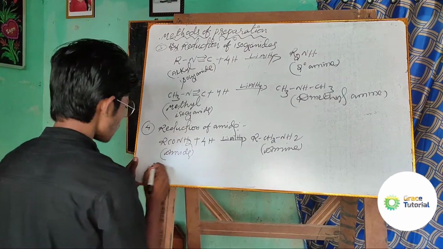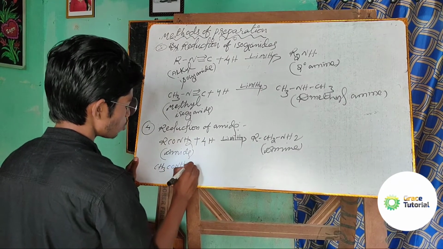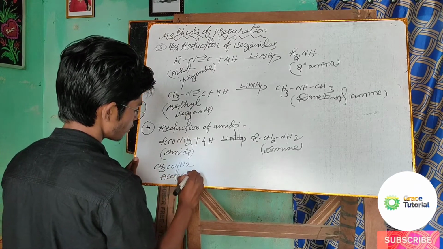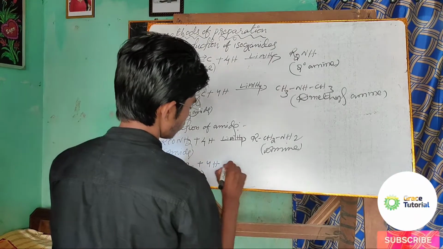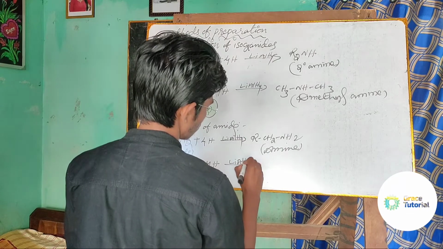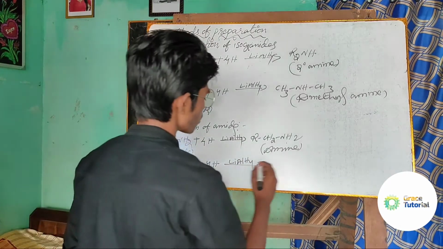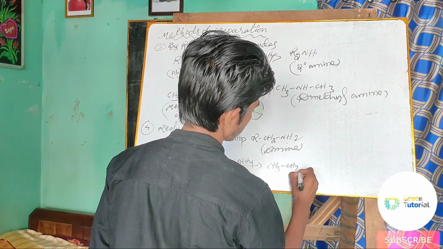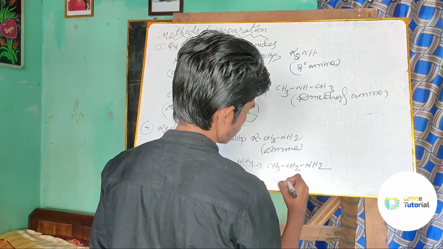So a specific example is CH3CONH2. This is acetamide. When this acetamide gets reduced in the presence of lithium aluminum hydride, then I get ethylamine.